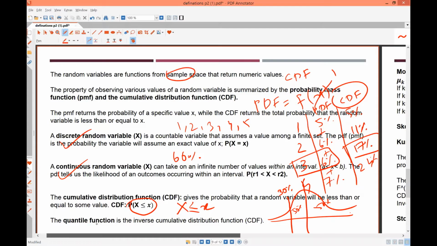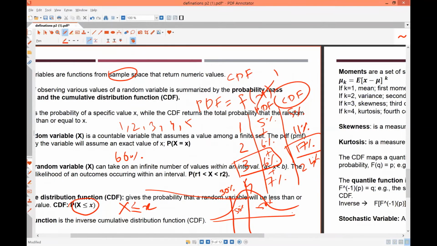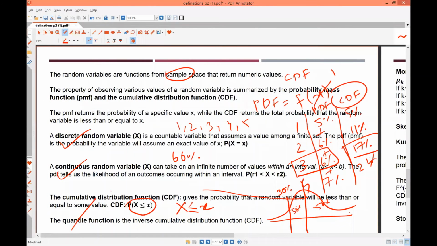The example of quantiles is actually quartiles, where we want to see 25%, 50%, 75%, and 100%. You will be seeing quartiles in your result also. I explained how FRM actually uses quartiles to rate you.